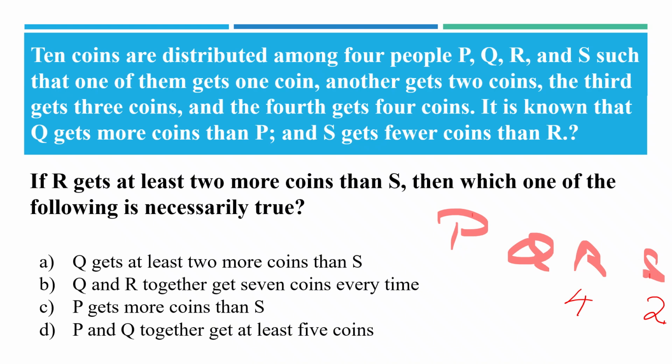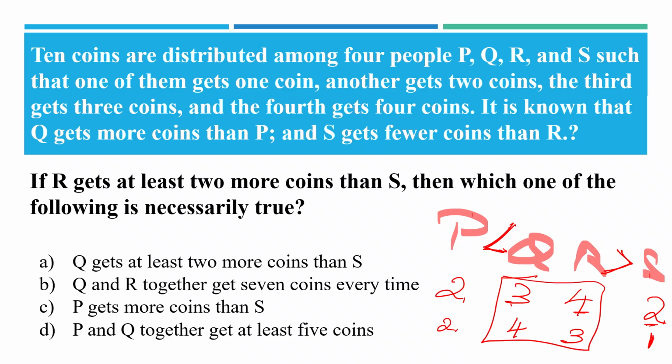In that case, Q will be 3 and P will be 2 because Q is greater than P. R is at least 2 more than S. So there are two options. R can get 3, then S gets 1. Or S gets 2, R gets 4. But anyway, Q will be 4 and P will be 2. So always the Q plus R is 7.